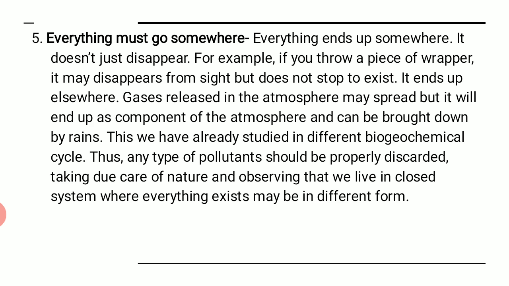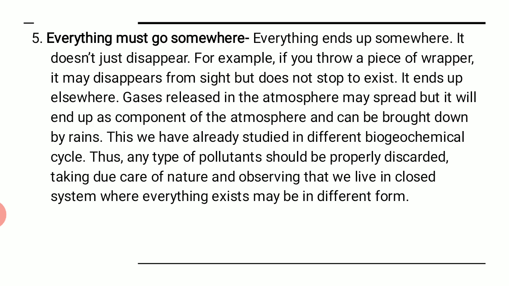For example, if you throw a piece of wrapper somewhere, right, it may disappear from your sight. That means if it is lying in the room and if you place it in the dustbin, it's only that you cannot see it right now. You can't see the wrapper in the house, but it is somewhere in the dustbin, right?